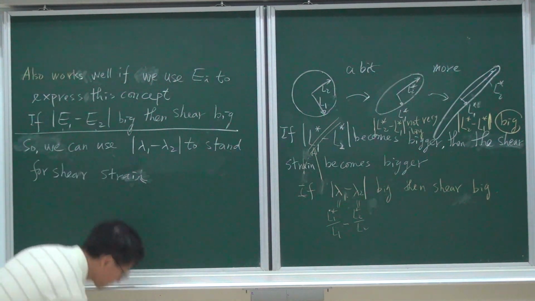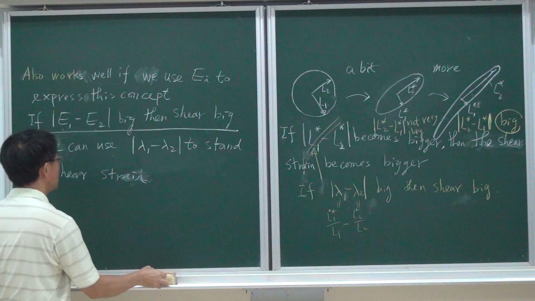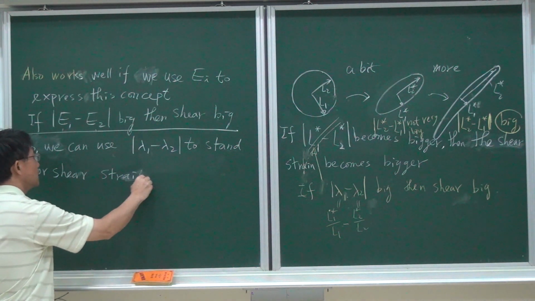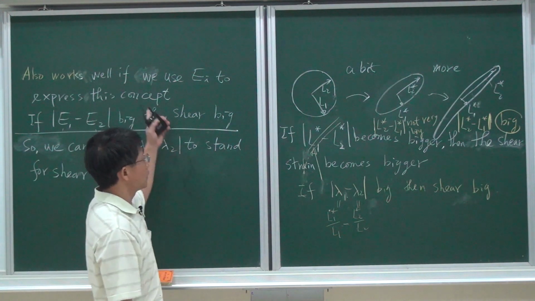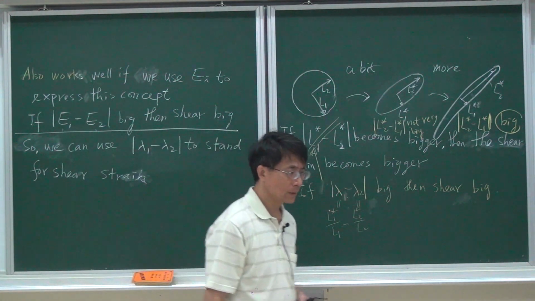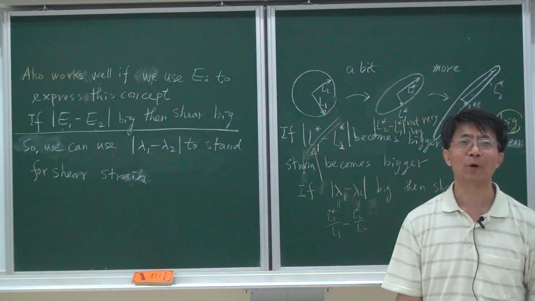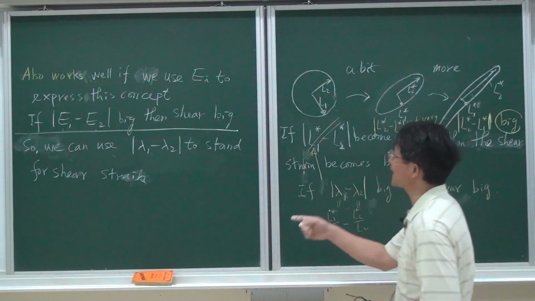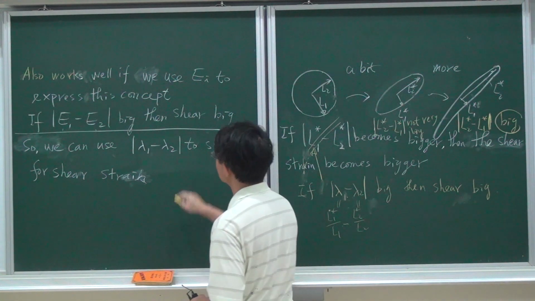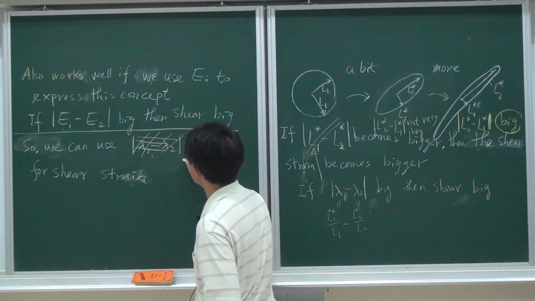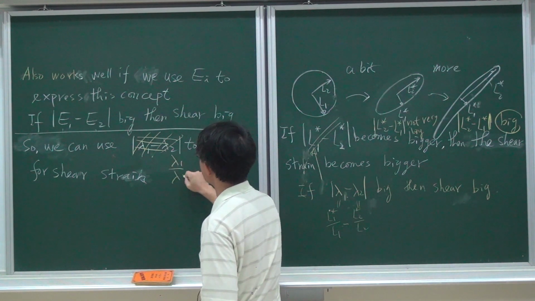Okay, we can use this term to stand for the shear strain. Of course, we can use E1, E2. But one more thing I want to tell you. This can also be replaced by lambda 1 minus lambda 2.